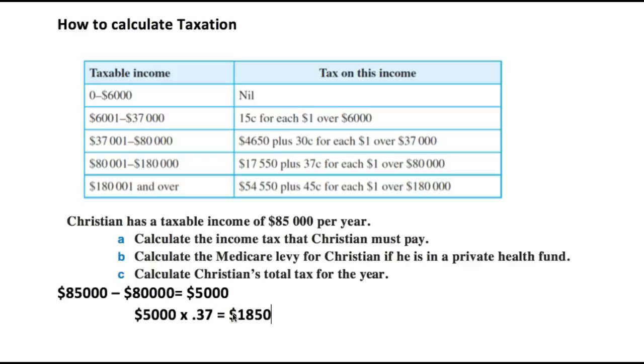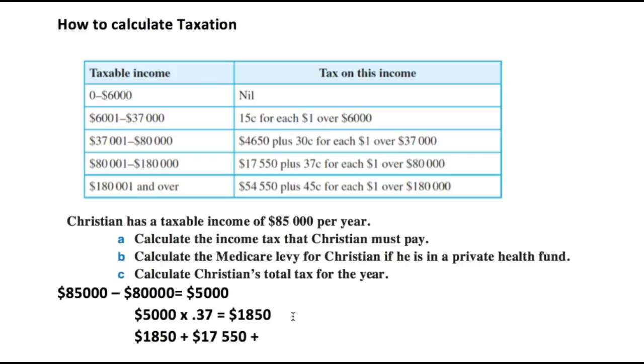So that's not the end, and this is where some people got stuck, because you did that bit really beautifully. But we haven't accounted for this extra $17,550. So our final step is to take that $1,850 and add the $17,550 that he's already been taxed on from the original rates.